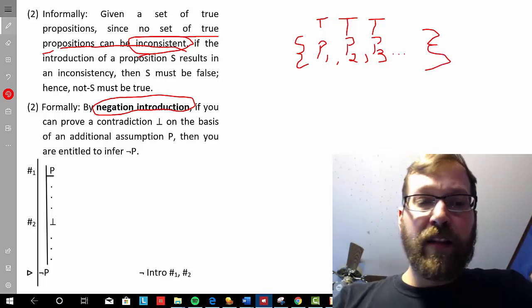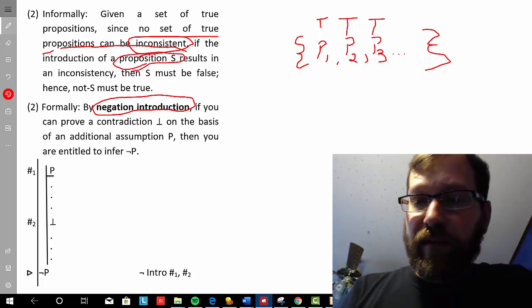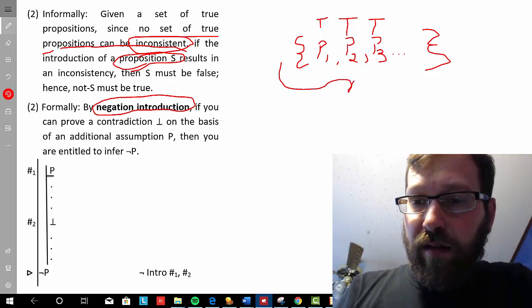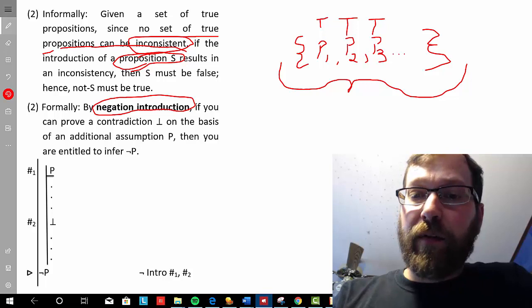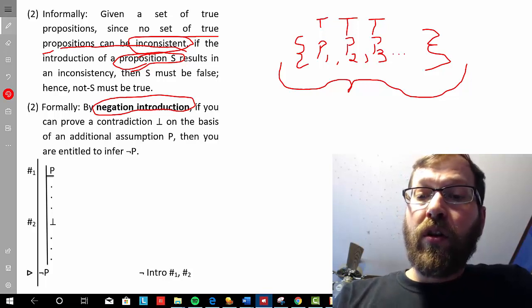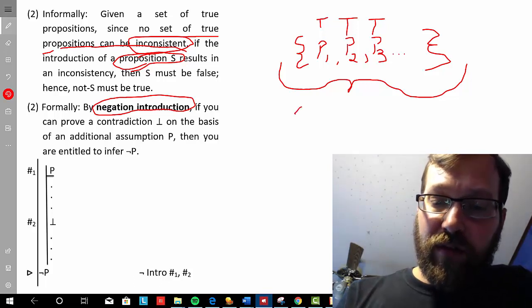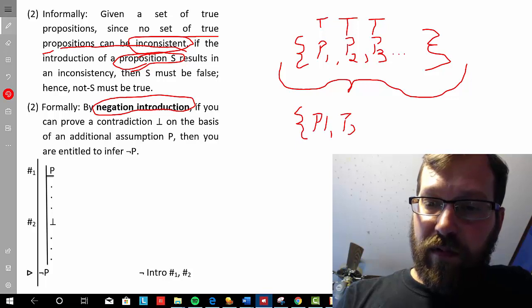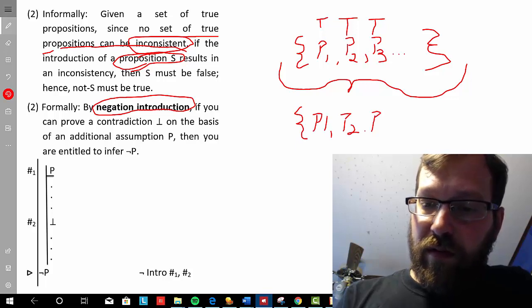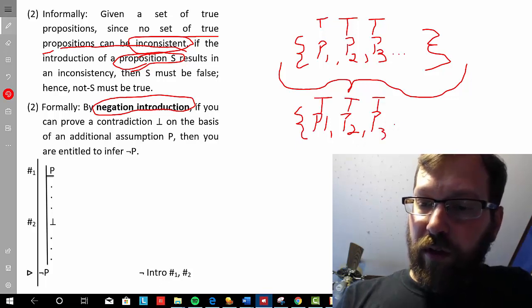so if we have that, and then we take another proposition, S, and we develop a new set out of it where it includes all of the former propositions, all of which we know are true under our assumption.